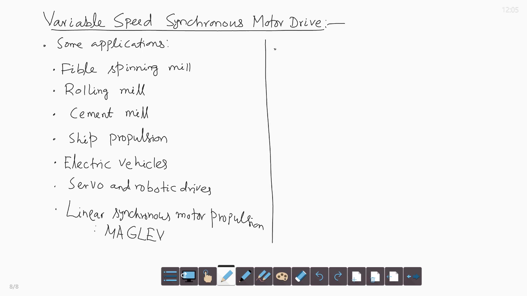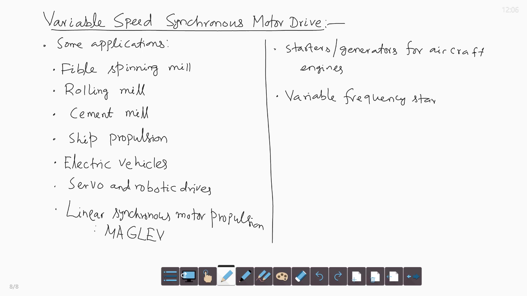Also some other applications are starter or generators for aircraft engines, also variable frequency stators for large wound field synchronous motors.